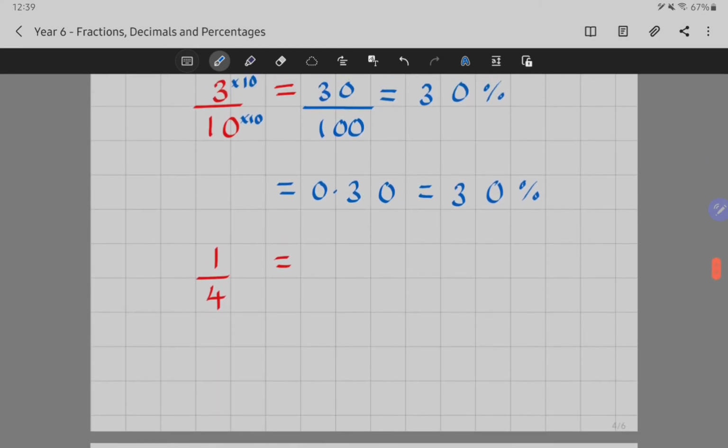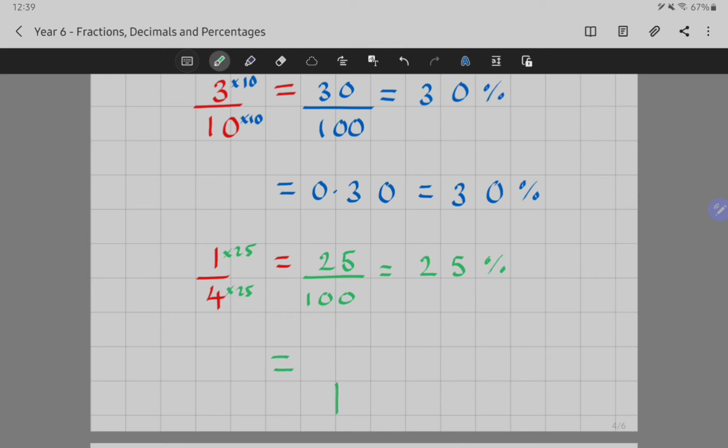How about a quarter? How would we do that one? Well, exactly the same. We could either convert it so that it becomes 100. Okay, so I could times this by 25 and then this by 25. So I end up with 25 hundredths, and that's equal to 25%. Or you might have used the decimal equivalent.